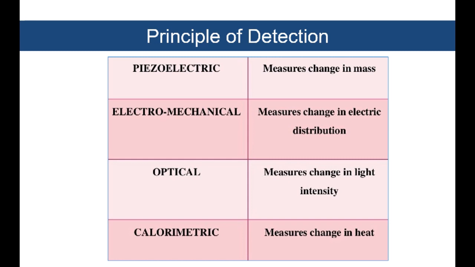In the very first, we can say that the piezoelectric change detection is done with the help of the measured change in the mass. Whenever we see a change in mass, we will use the piezoelectric transducer for measurement of that change, for the measurement of that detection.